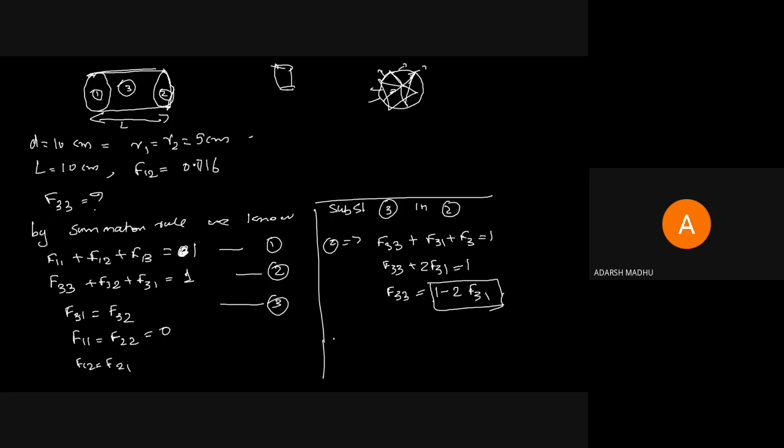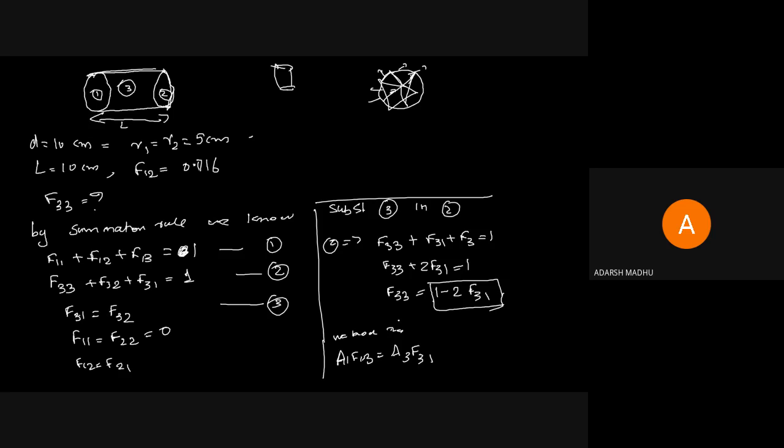So we know that A1 F13 equal to A3 F31. This was our first relation. We have studied in earlier classes that A1 F12 equal to A2 F21. Therefore, A1 F13 equal to A3 F31.